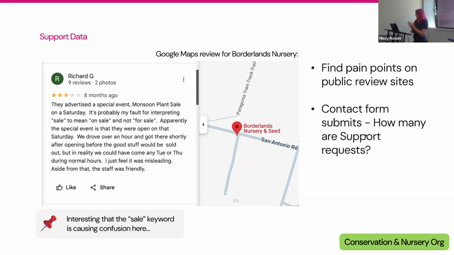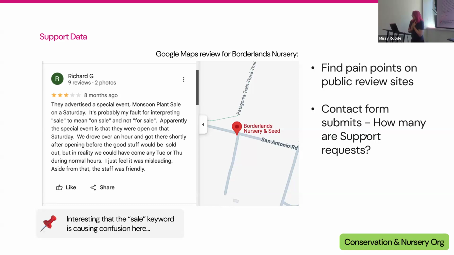So in this case, we had a lower rating for Borderlands, and someone said they were confused by "for sale." They thought it meant on sale, not for sale. And there's a subtle difference there, because it's a question of whether there was a sale at one discrete time when something was available, or whether something is always for sale and available at all times, and that caused some confusion.